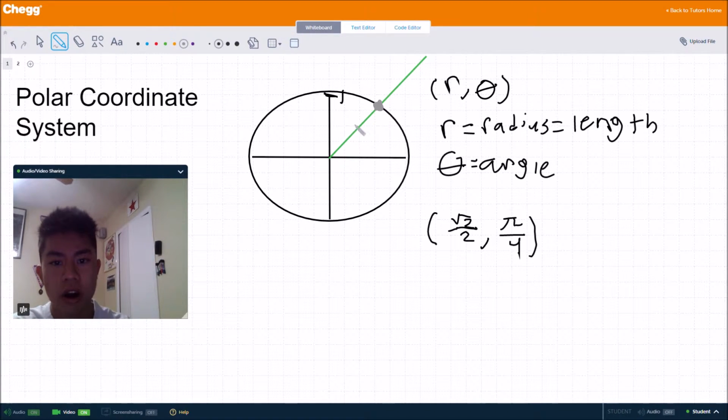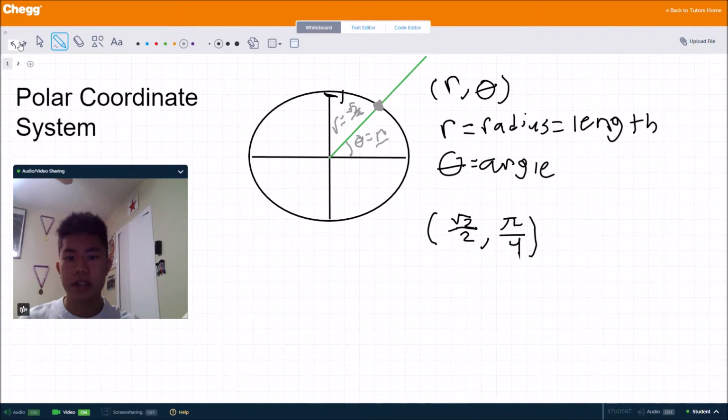We have our r here. If you draw the distance from the origin to this point, it's going to be square root of 2 over 2. It's kind of hard to write that here, but you guys know it's square root of 2 over 2. And then we have this angle here, which is pi over 4. So that gives us our coordinate pair, square root of 2 over 2, comma, pi over 4.